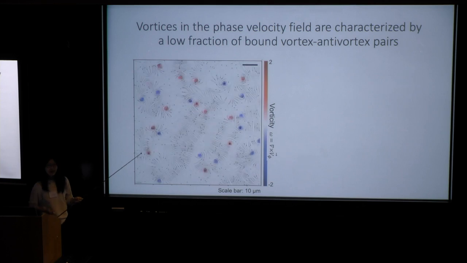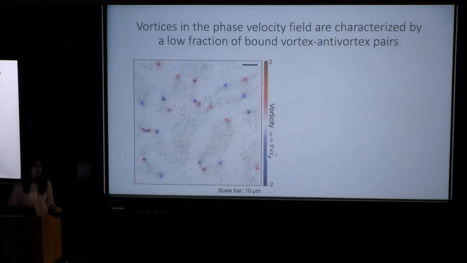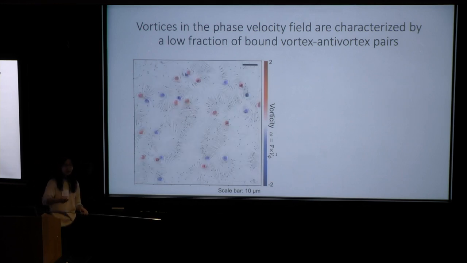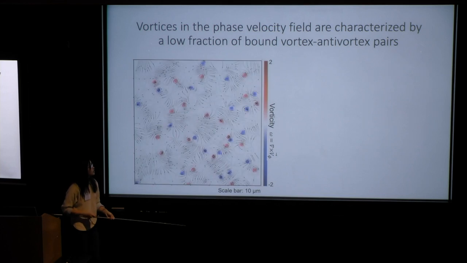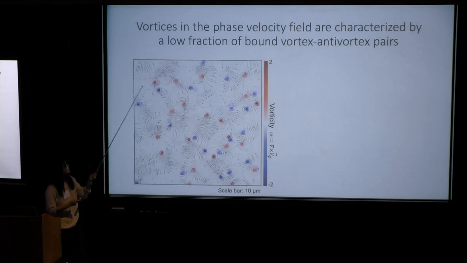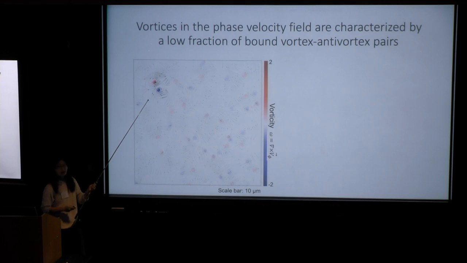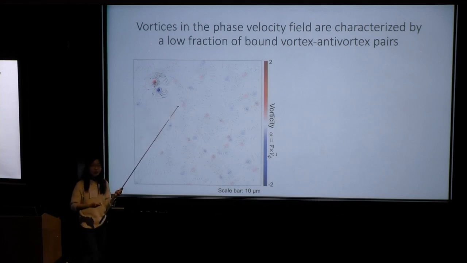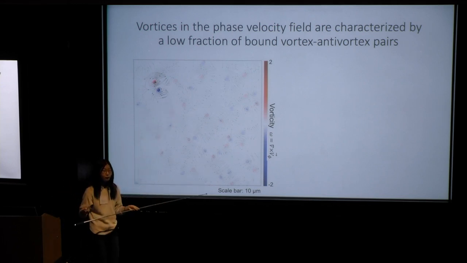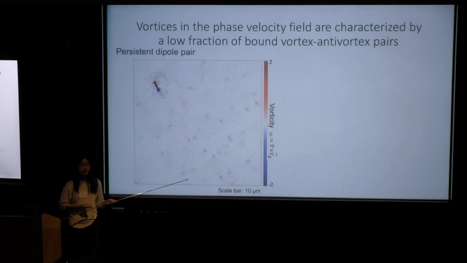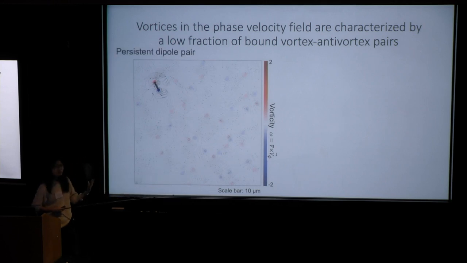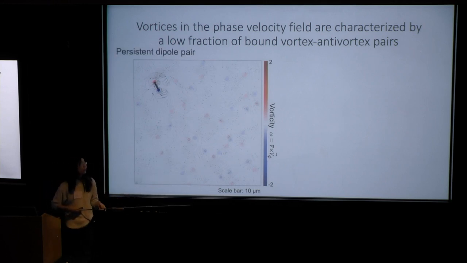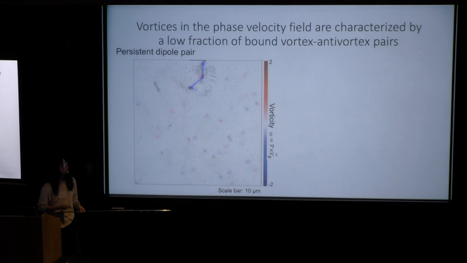We can first quantify a collective statistic about the tendency of vortices to exchange partners. At any instantaneous time, we could identify the vortex and anti-vortex pair that are most closely positioned to each other compared to all the other surrounding vortices, and determine whether such pairings are persistent over a consecutive number of frames or transient, that they change partners quickly.